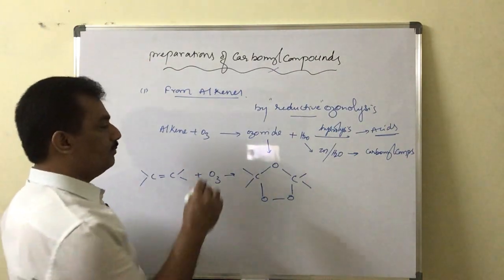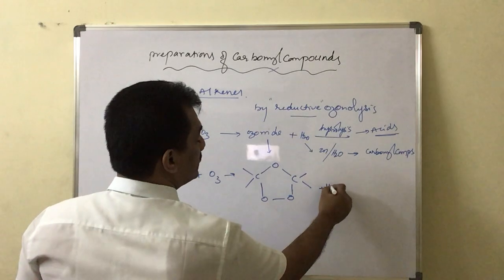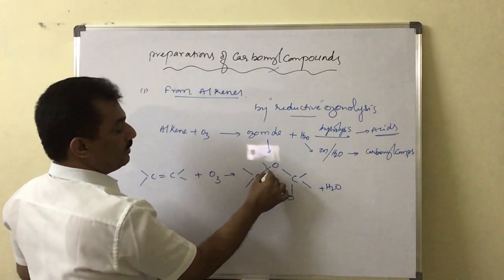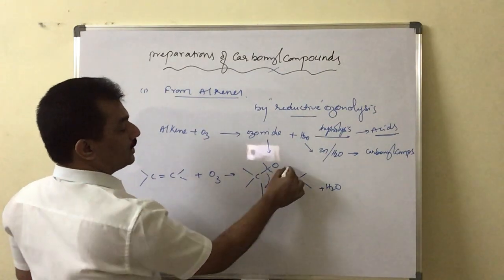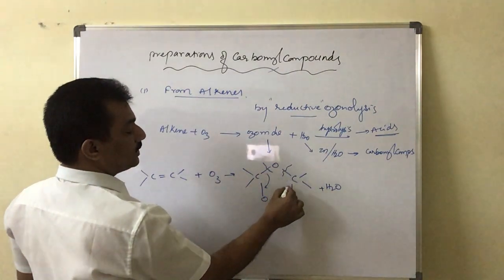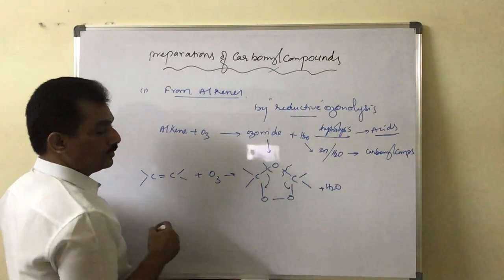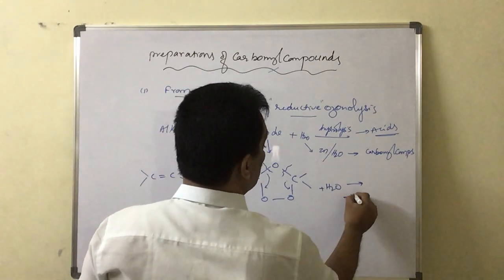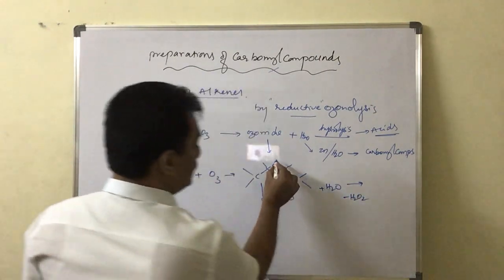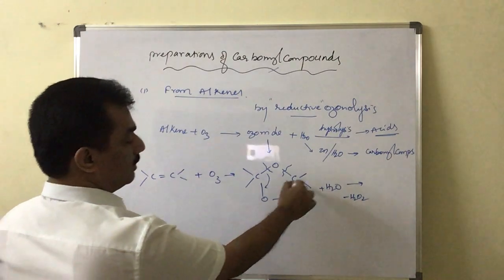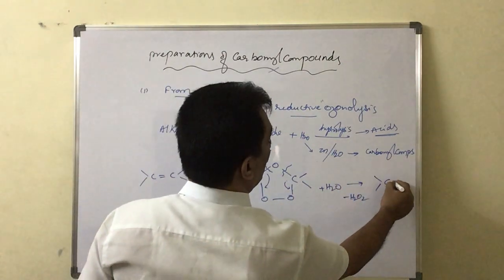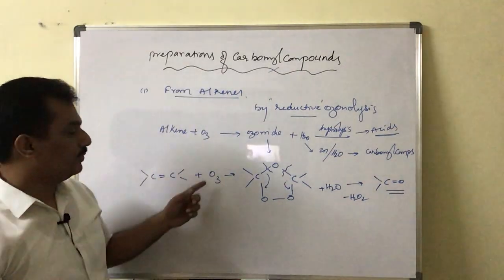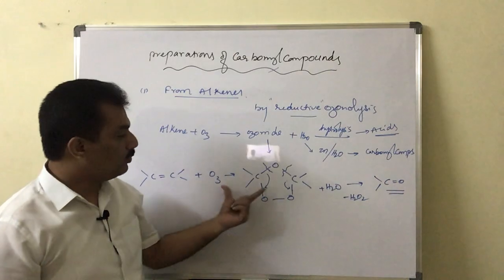This on hydrolysis will go: this bond is cleaving to create, and this bond is cleaving to create a carbonyl group, and it forms H2O2 as the byproduct, because this oxygen goes along with water and the remaining are carbonyl groups. Like this, we get the carbonyl compound by ozonolysis.